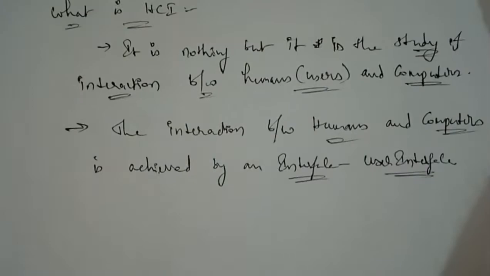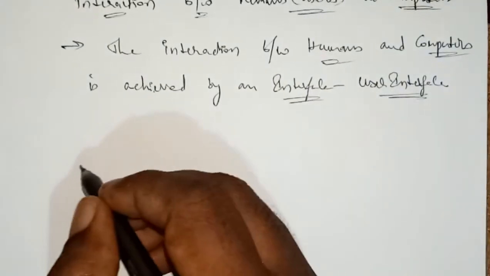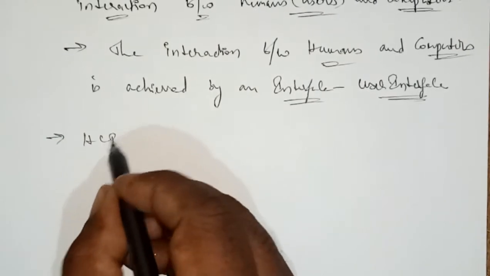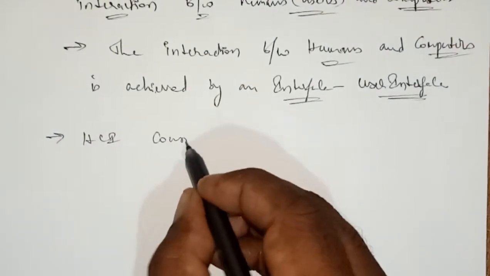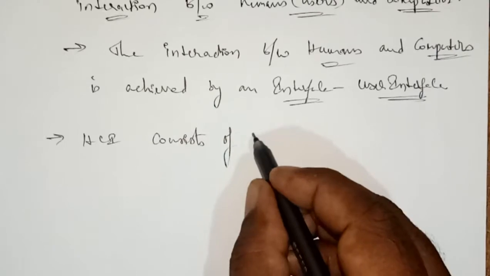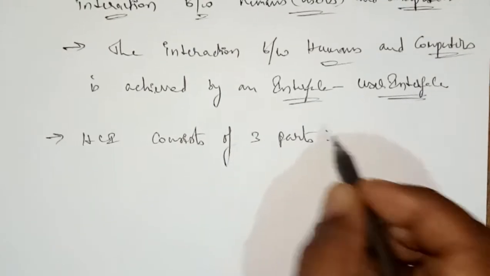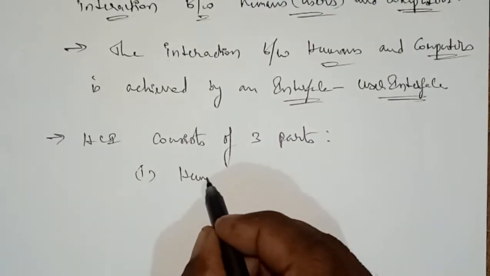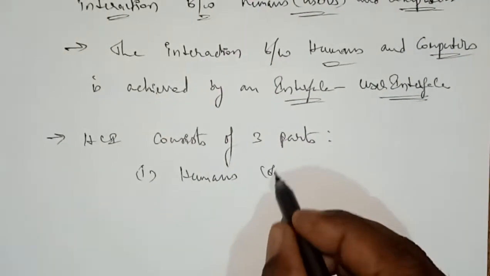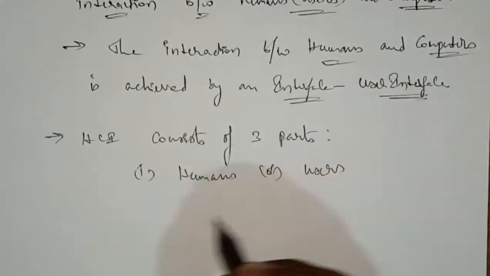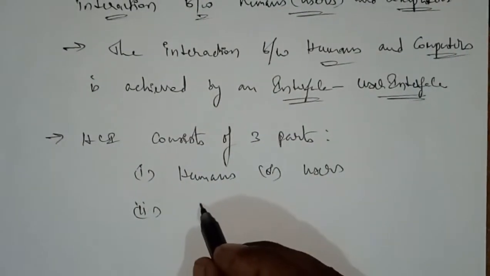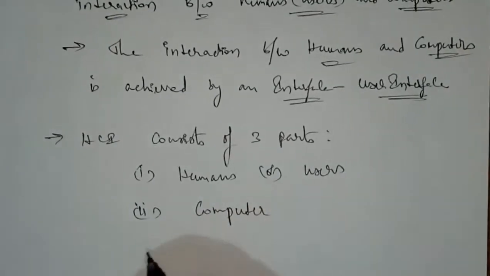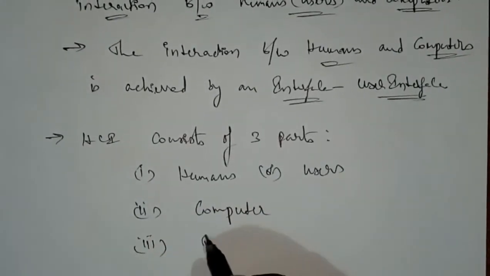Actually, HCI, human computer interaction, consists of three parts. As you know, the first one is humans, or we can say users. The second one is computer, and the third one is interaction.